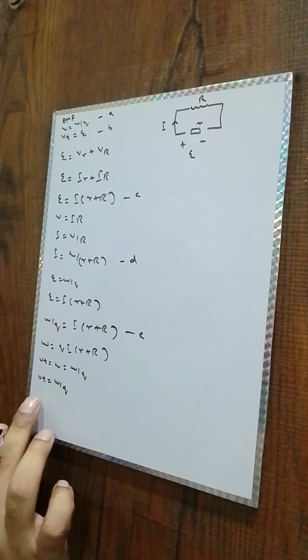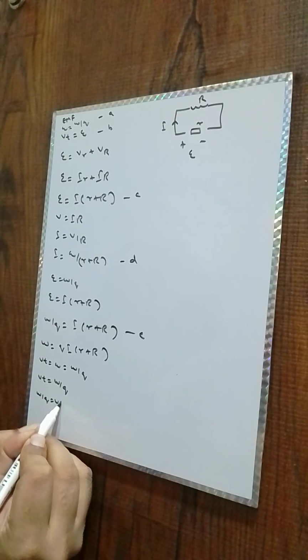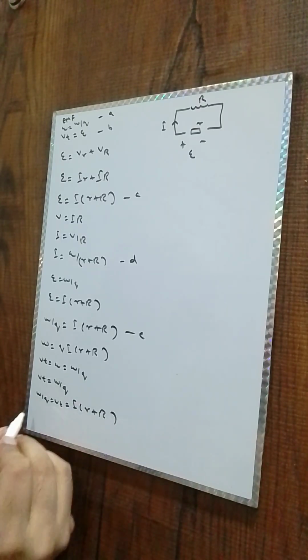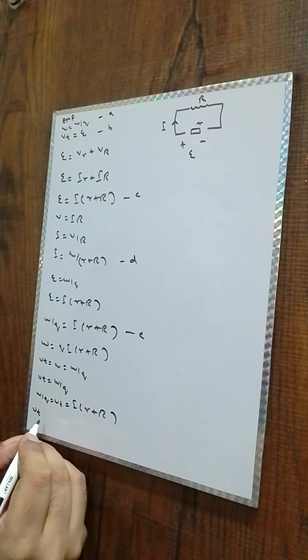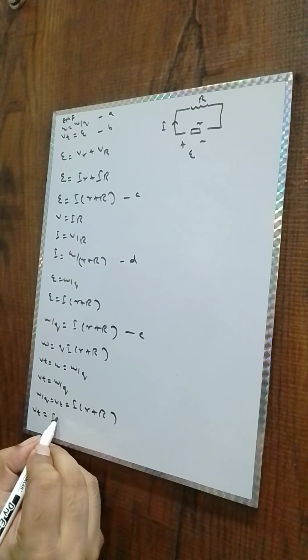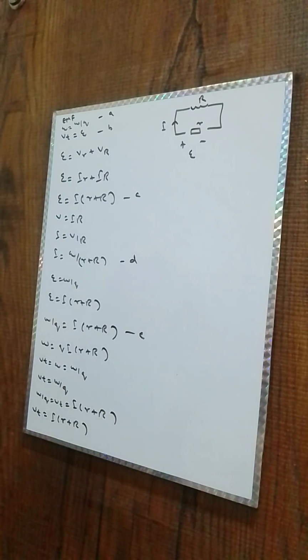So W by Q is equal to Vt is equal to I into R plus r. So the terminal or the total or the practicable applicable voltage is equal to I into R plus r, the small and the big resistance.